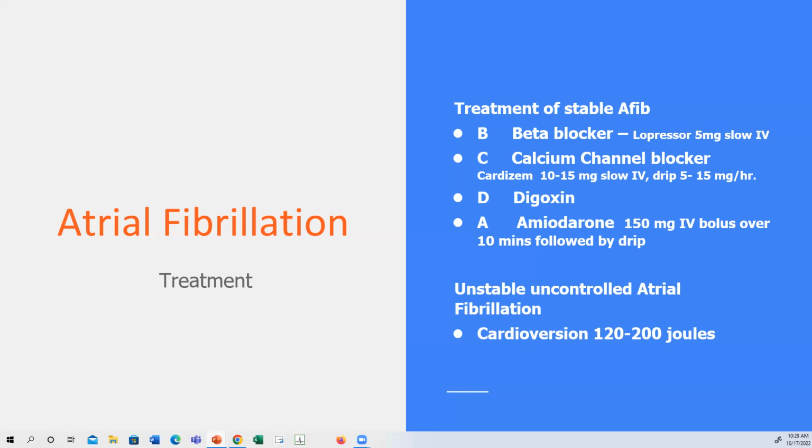Obviously, if the patient is unstable and develops cardiogenic shock as a result of atrial fibrillation, then cardioversion could also be undertaken as a therapeutic intervention. So that is the treatment for atrial fibrillation and the management of patients presenting with atrial fib.